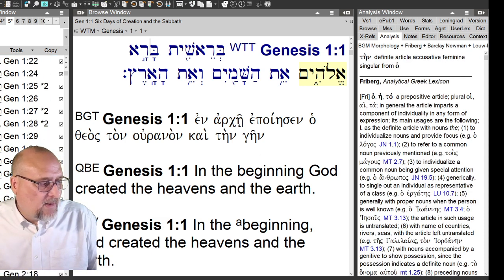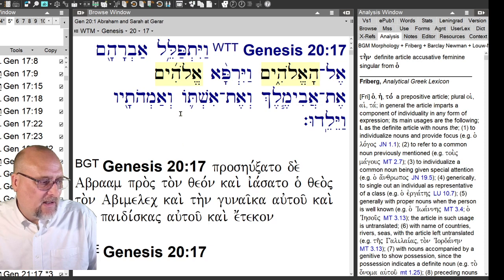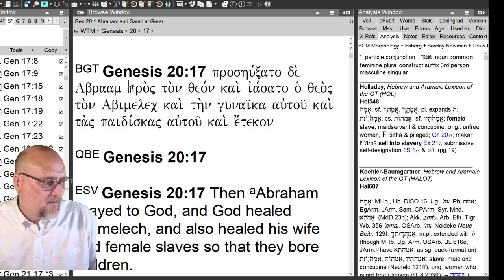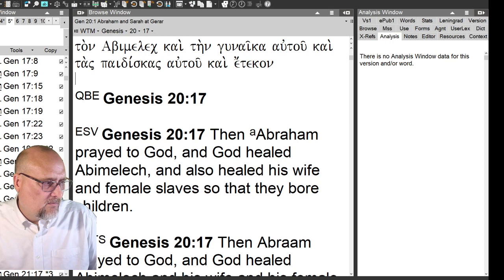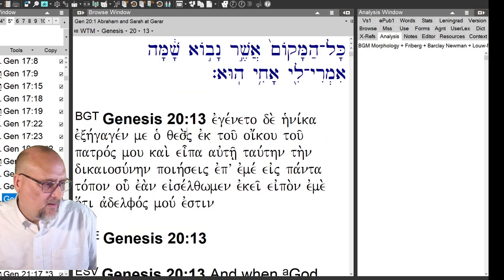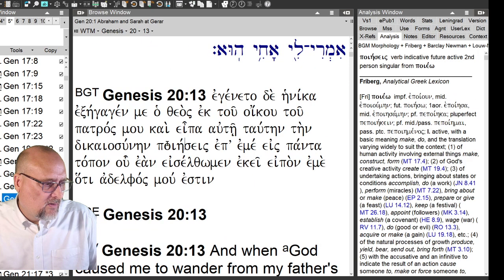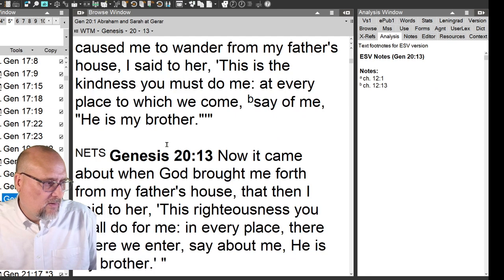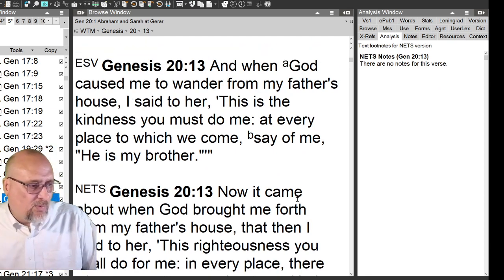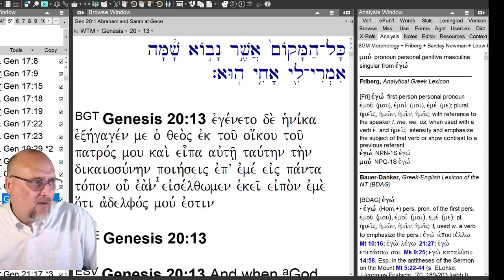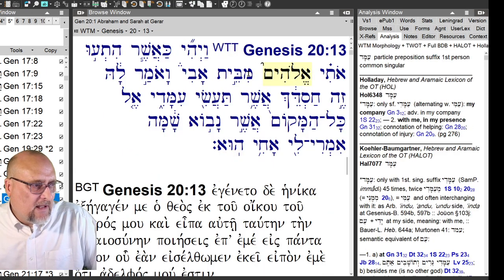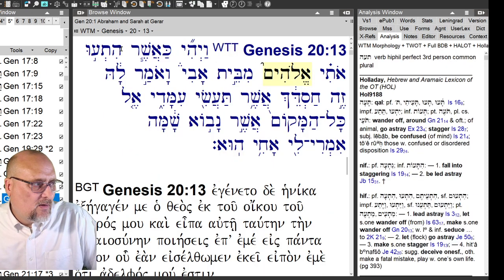Sometimes you'll hear people say, well, it's not that important. I don't know. I think it is important. Trying to find the verse here. When God brought me forth from my father's house, in Hebrew, the verb brought me forth.